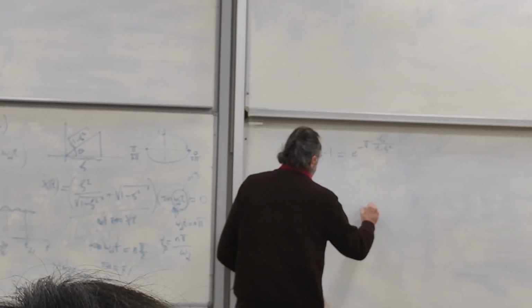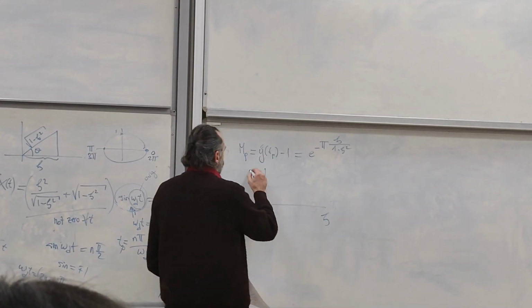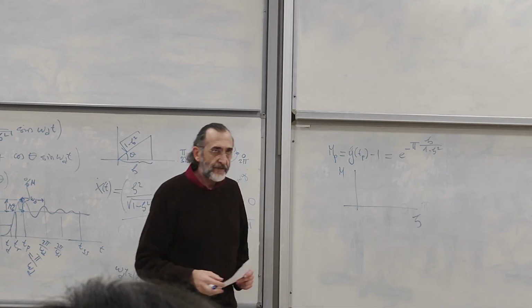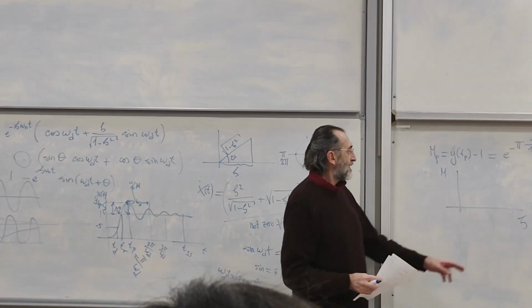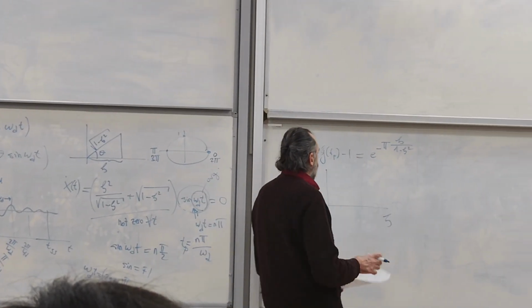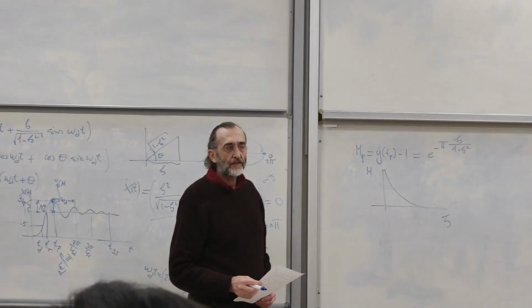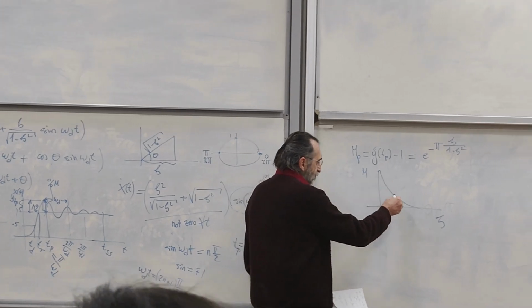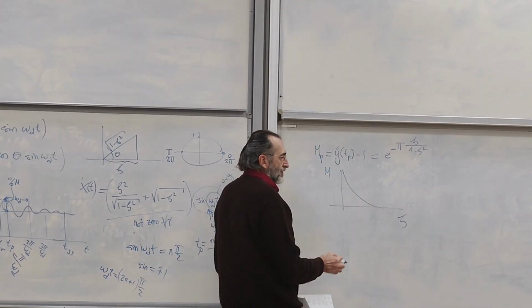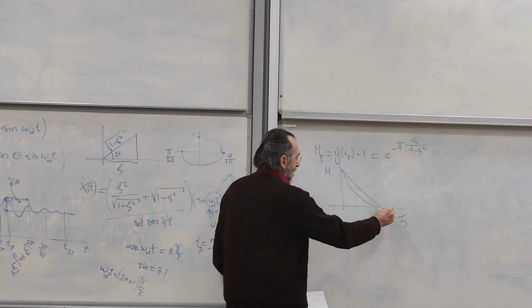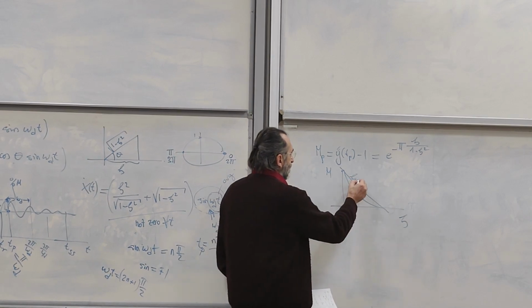And then you can actually put that in your engineering design chart. It's a function of the zeta, this goes down like that. But this is such a smooth, slow curve that you can actually linearize it.